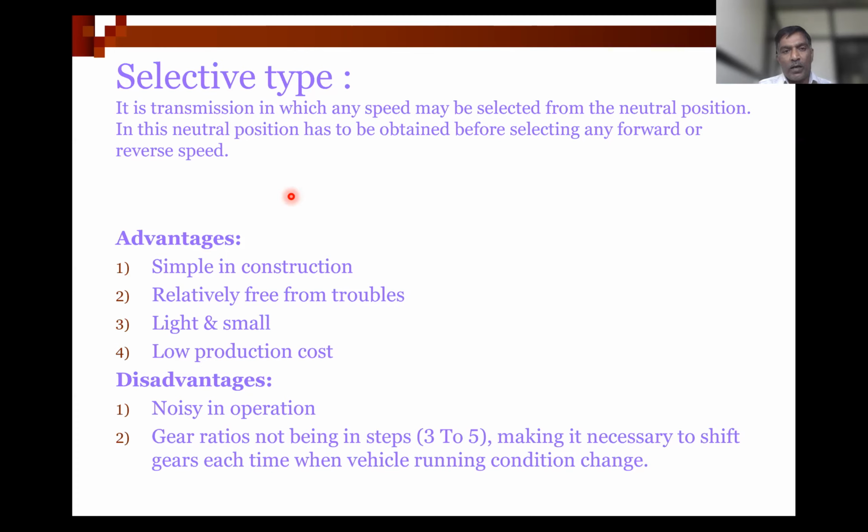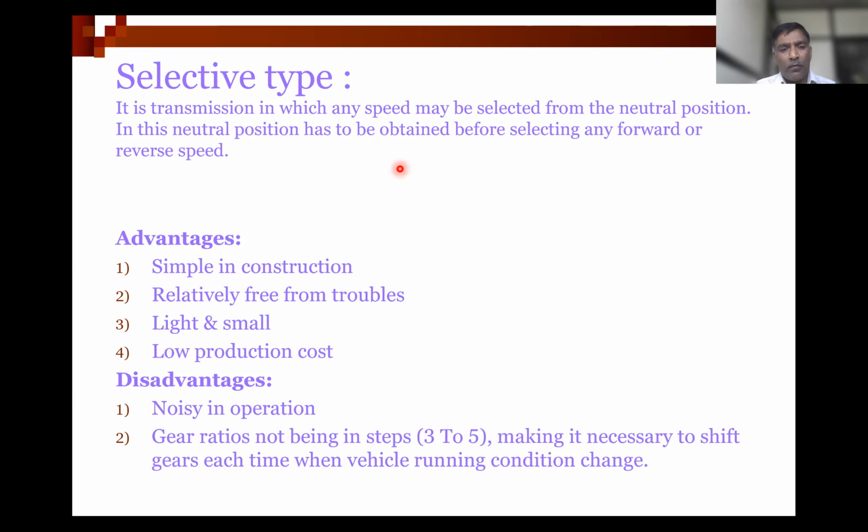You shift the transmission into neutral gear, and after neutral you can select first, maybe second, again third, and fourth, or you can select first gear, and if enough torque is available, directly shift to the third gear, or directly to the fourth gear.